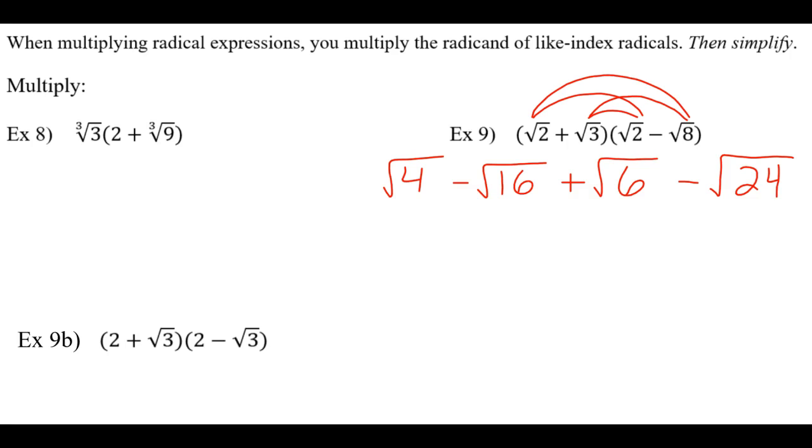What's the square root of 4? 2. Minus, what's the square root of 16? 4. Well, that's nice. Plus, now 6 is 2 and 3, so that's not going to simplify. There's not enough to come out, so that just stays the square root of 6.